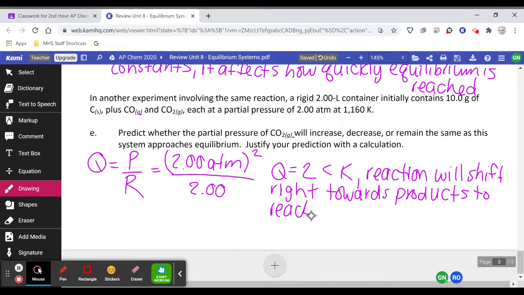And we still have to refer this back to what is going to happen to CO2 when that happens. So, products to reach equilibrium. And so let's think about that.